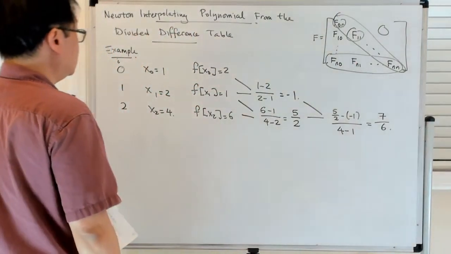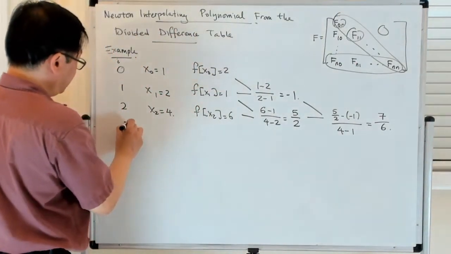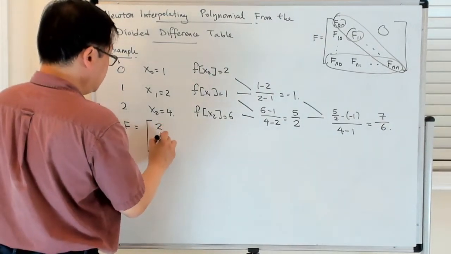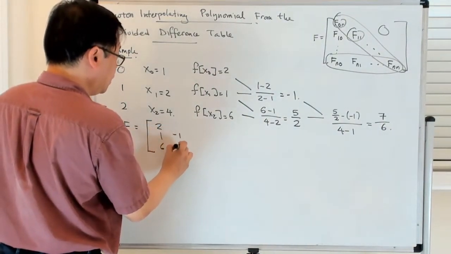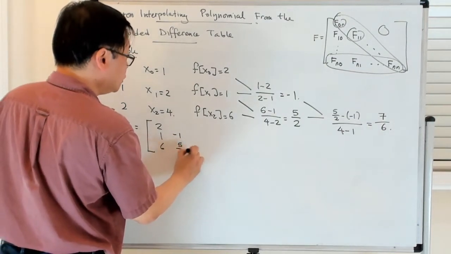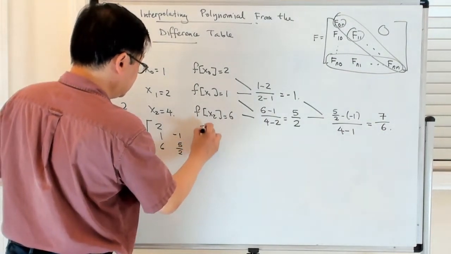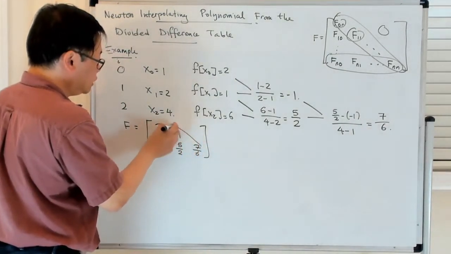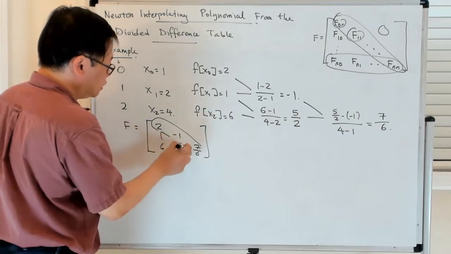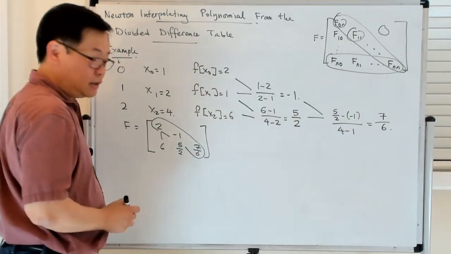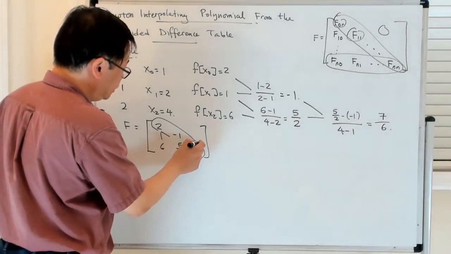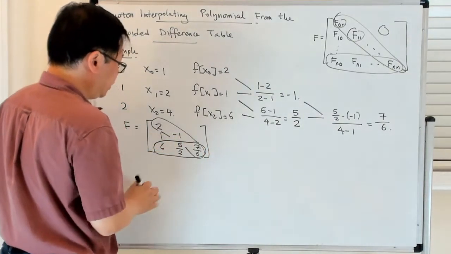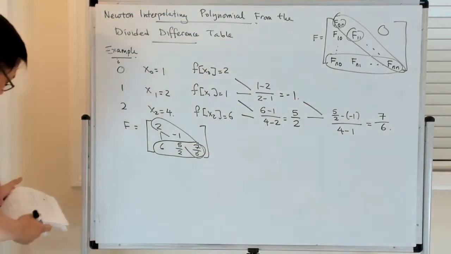So the divided difference matrix is 2, 1, 6, minus 1, 5 over 2, and 7 over 6. If you recall, if you want the forward Newton interpolating polynomial, you look at the diagonal. If you want the backward Newton interpolating polynomial, you look at the bottom row.